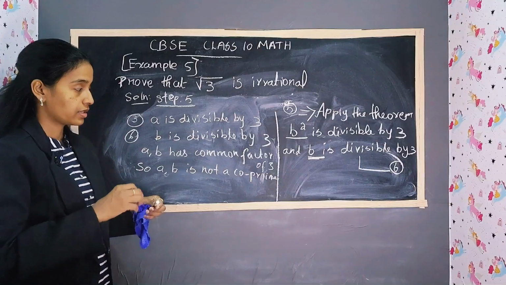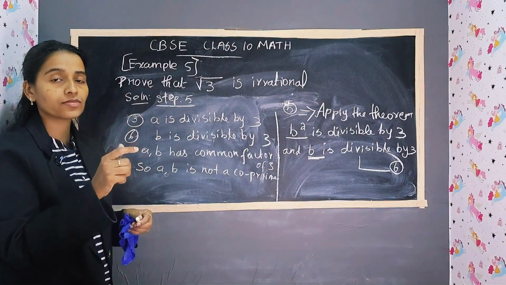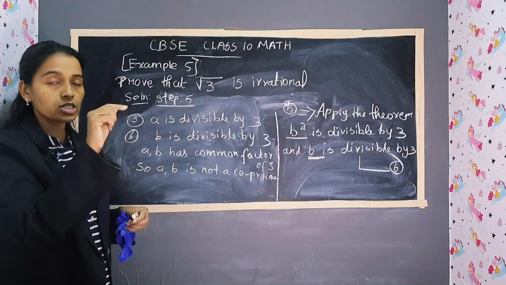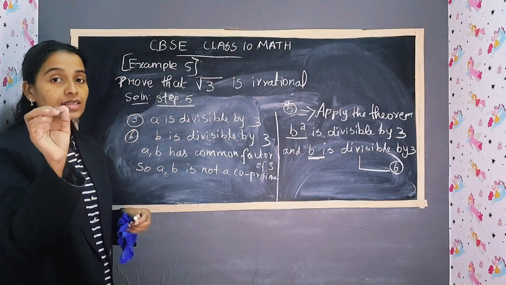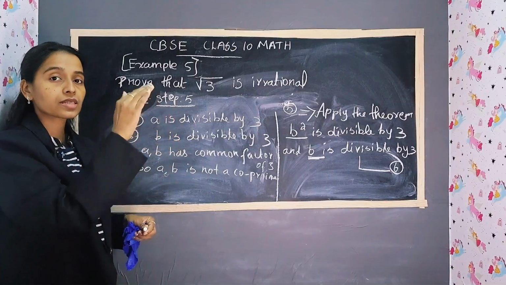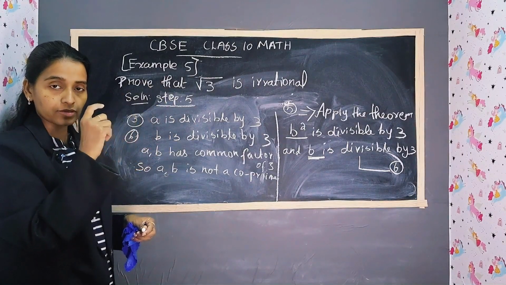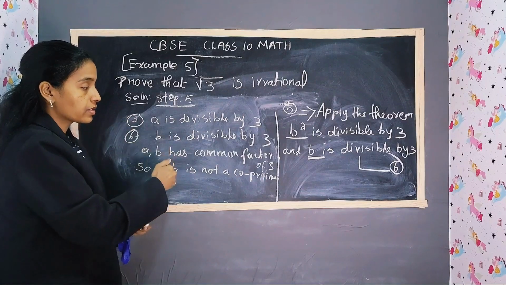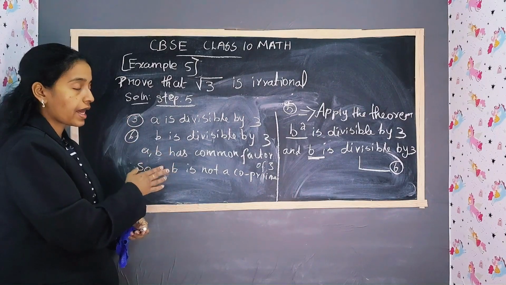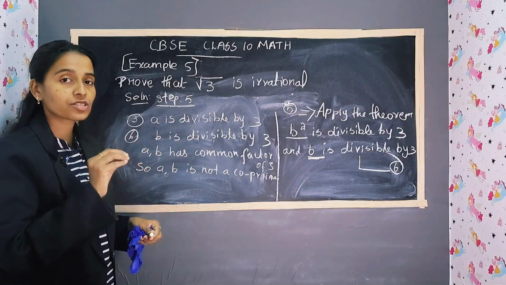So our assumption is wrong, right? Initially, in step number 1, we assumed that square root of 3 is rational, right? Rational means a and b are coprime. We assumed that way. But we proved that a and b are not coprime. So our assumption is wrong.